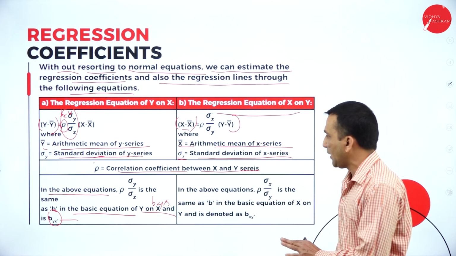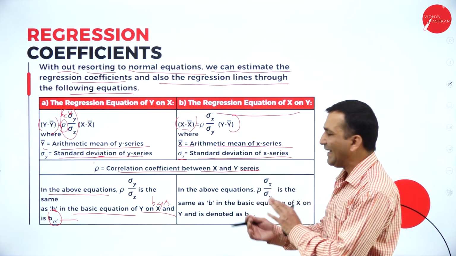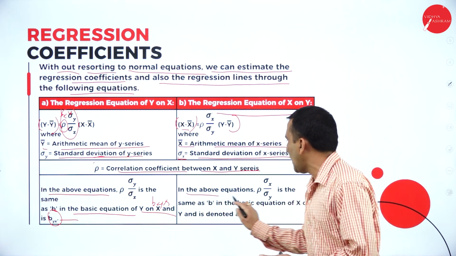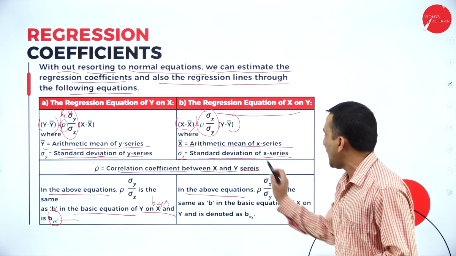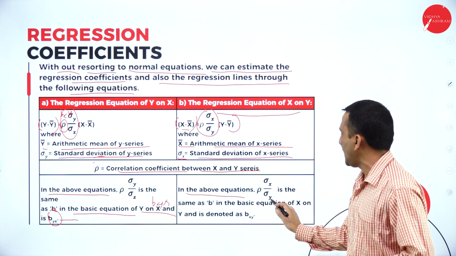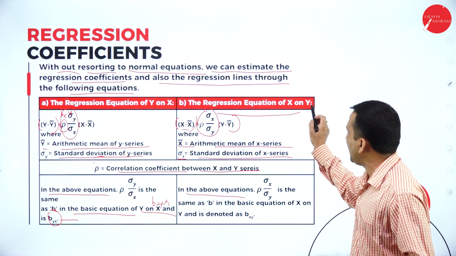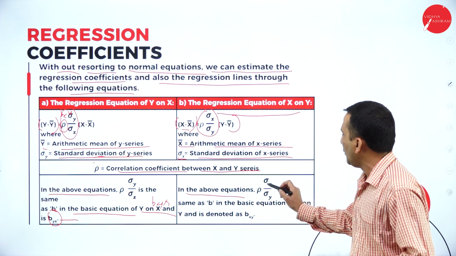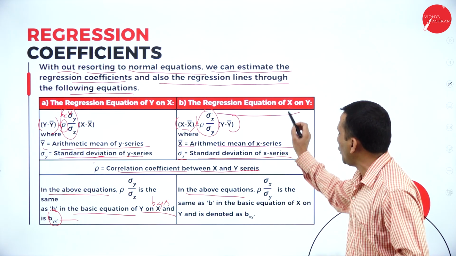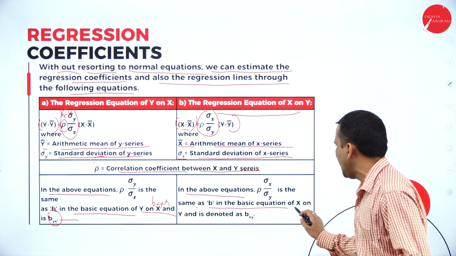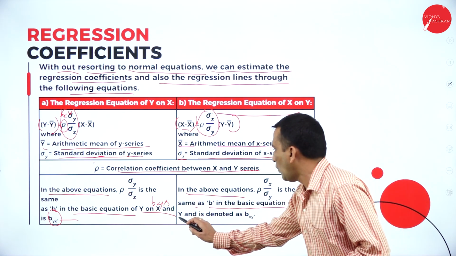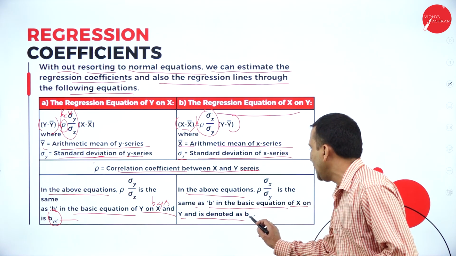The same thing is applicable for x on y, but only the alphabets change. In the above equation, it is r into standard deviation of x divided by standard deviation of y, because y is the last, in the denominator, and x is first, in the numerator. The b in the basic equation of x on y is denoted by bxy.